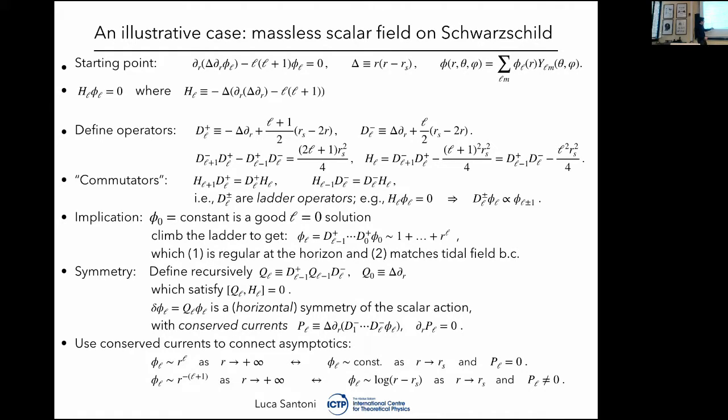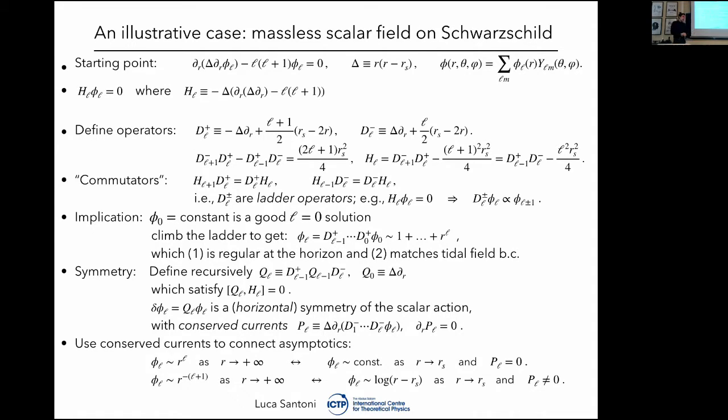Now let's compute this P_L on 1 over r. If you use P_L with L equal 0, you find that it's non-zero. It's a constant, and it is non-zero. Now this is enough to know what the profile of this solution is close to the black hole. The only possibility for this P_L to be a non-zero constant is to have phi_L going like a log.